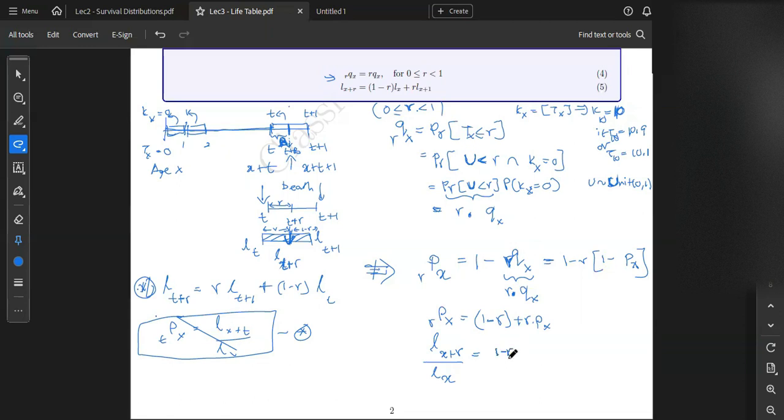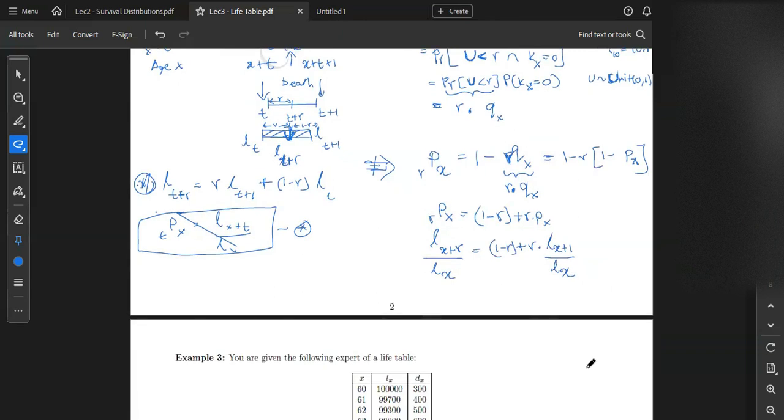And for this, it's l_{x+1} over l_x. And if you simplify this, you will get l_{x+r} is equal to 1 minus r times l_x plus r times l_{x+1}, the same thing. So that is how we can prove it.